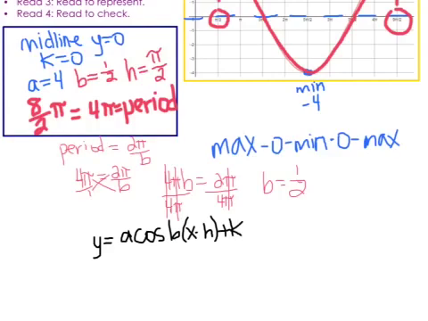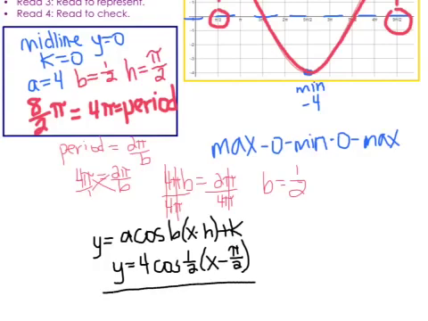Alright, so y equals 4 times cosine of 1/2 times x minus pi over 2 plus k, plus 0, and there is no k, so we can just leave it like that. So here's our answer.